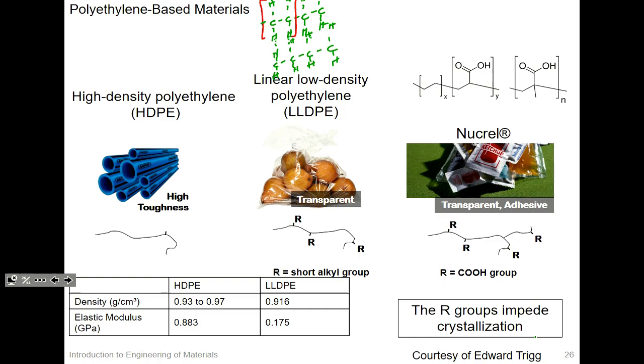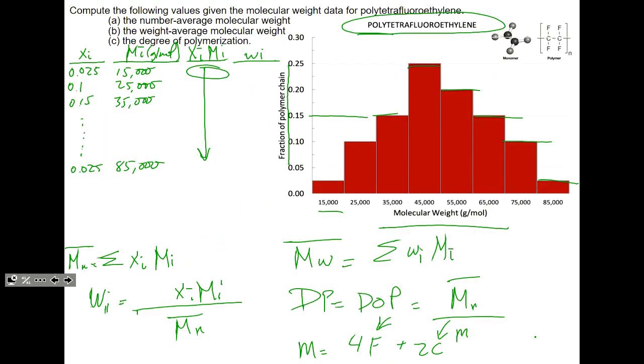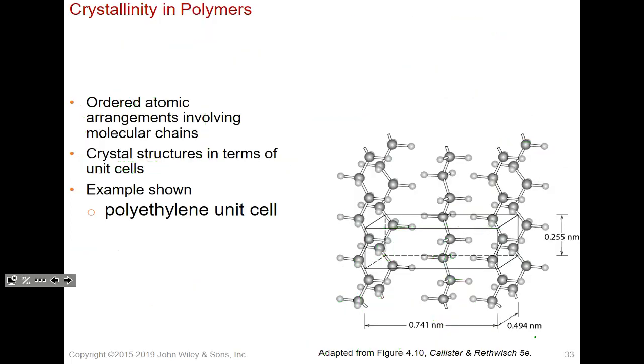So let me go to a figure that's a little bit more representative pictorially. Here we go. Okay, so here's a polyethylene unit cell. So what I'm talking about is how many of these chains can you put into a unit cell, right? More chains, higher density. Fewer chains, lower density, okay? But it's all the same backbone. It's all the same repeat units, okay?